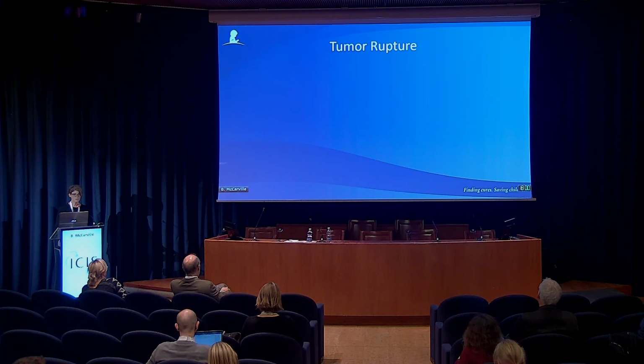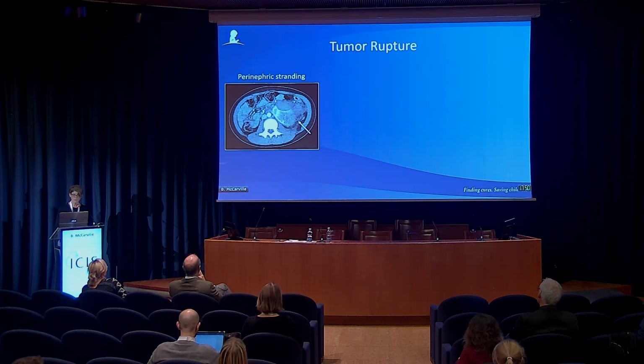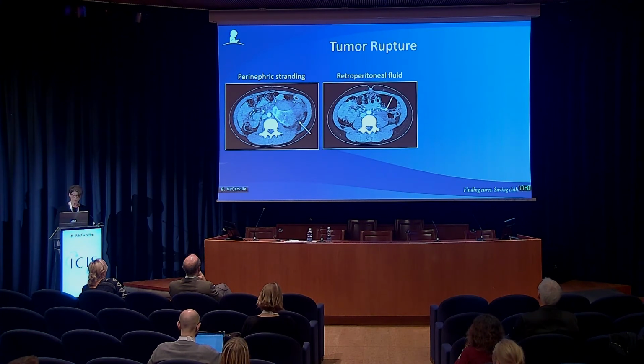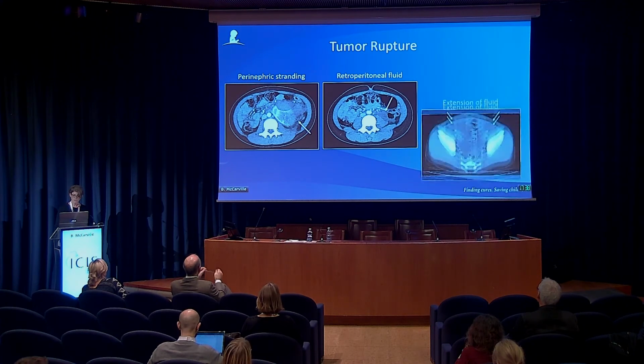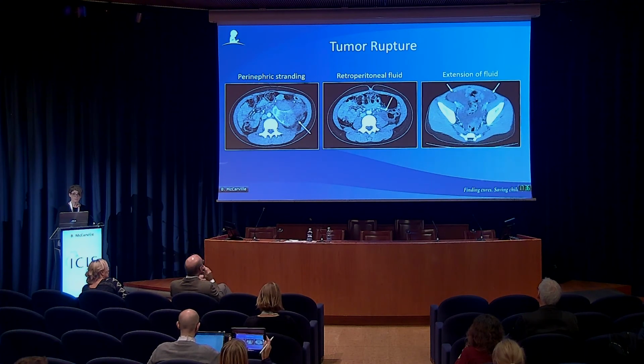One thing I want to stress is the importance of recognizing tumor rupture in these tumors because this will upstage the patient. So it's important to recognize when a tumor is ruptured. And on imaging, there are several features, including perinephric stranding or fuzziness around the tumor margin, retroperitoneal fluid, and pelvic fluid that extends beyond the cul-de-sac.